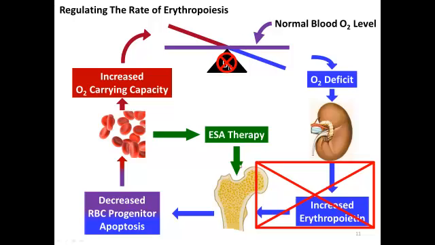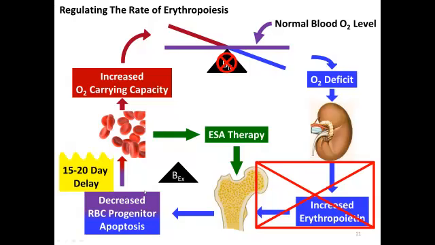So the ESA therapy is administered intravenously, and that finds its way to the bone marrow, and the synthetic ESA, if you will, has exactly the same effect as the naturally produced hormone. And that is an external balancing loop to try and keep the count of the red blood cells at the right level.